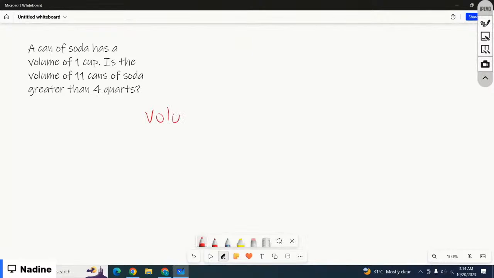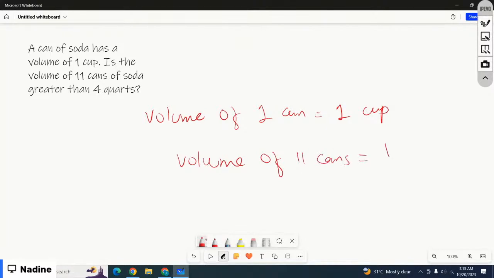Is the volume of 11 cans of soda greater than 4 quarts? The volume of 11 cans is 11 times 1, that is 11 cups, right? You have to compare if this 11 cups is greater than 4 quarts. You need to see if 11 cups is greater than 4 quarts.